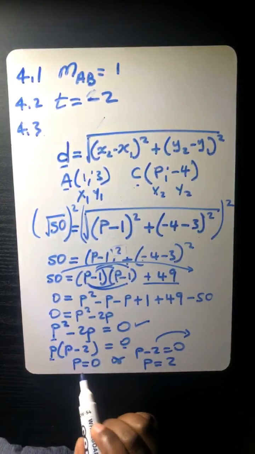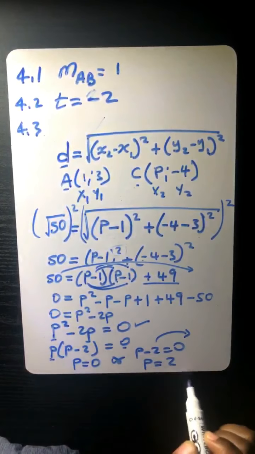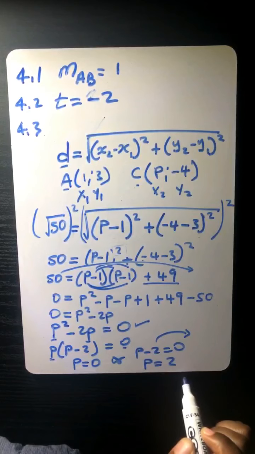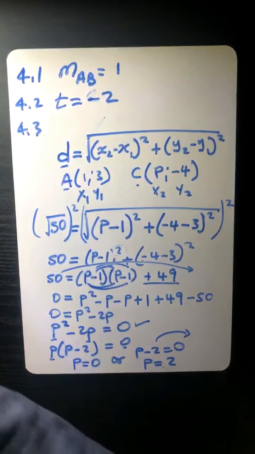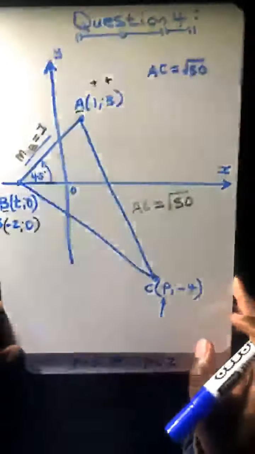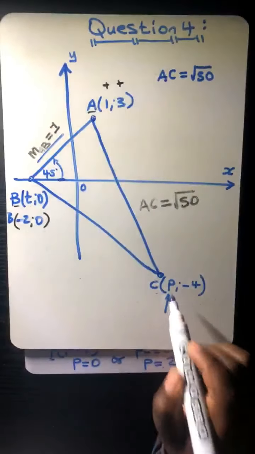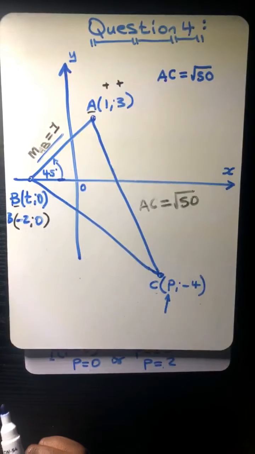Then you need to choose between these two values. It's only one value which actually represents P. So which value between these two represents the x value of point C being P? Which value is it, guys?